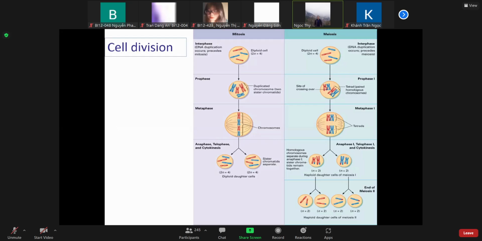Meanwhile, in meiosis, one mother cell goes through one time the DNA is duplicated, and two times the cell is divided, to provide four daughter cells with the number of chromosomes decreased by half compared to the mother cell.